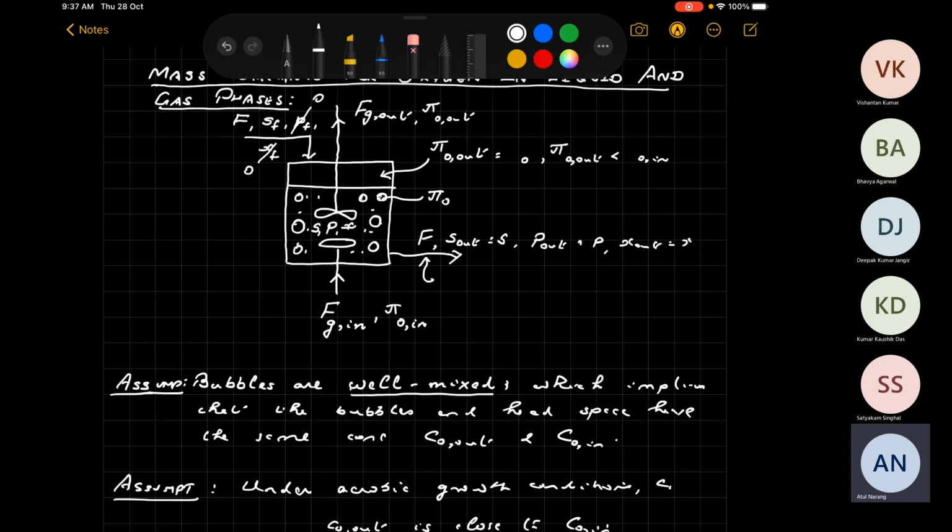So you can see that S out is equal to S, which basically says that the concentration coming out is equal to the concentration inside the reactor. All of these are a consequence of the assumption that the liquid is well mixed.